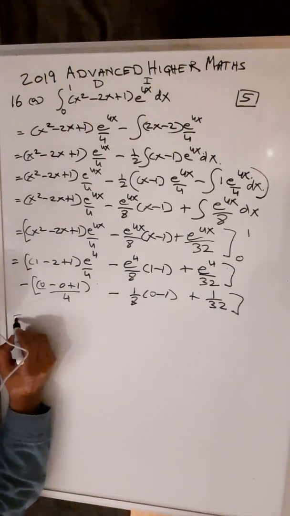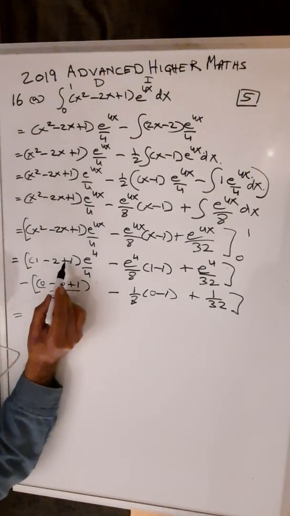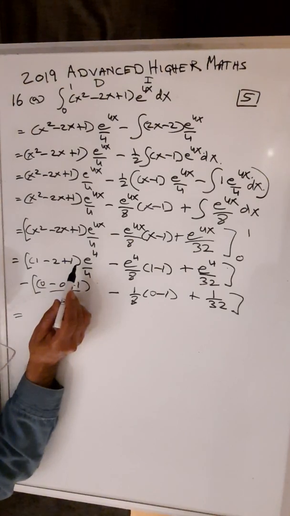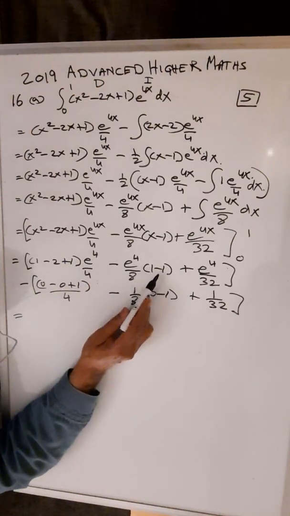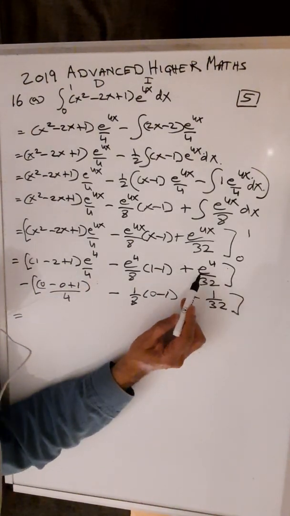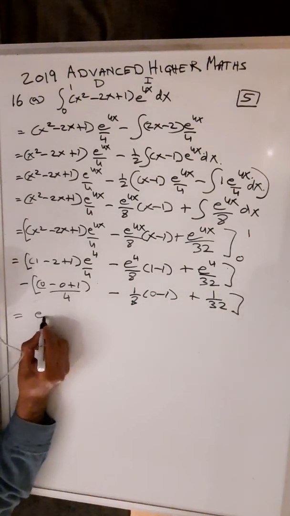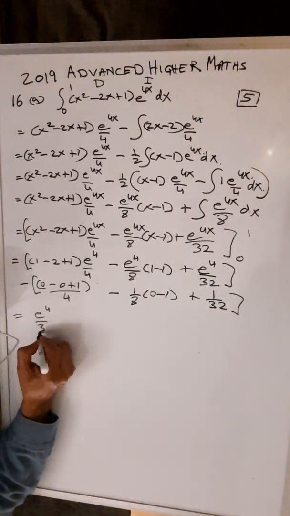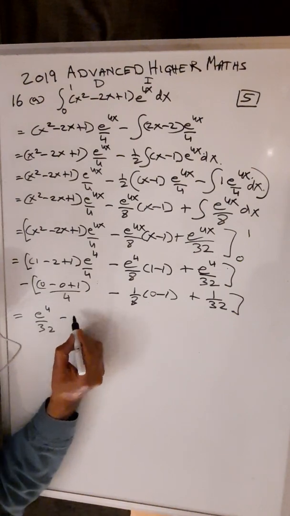Okay, so now you're bringing this together. 1 plus 1 is 2, 2 minus 2 is 0, so that bit is just 0. This also is 0. So all you have there is e to the 4 over 32. Now this bit, you've got the minus there.